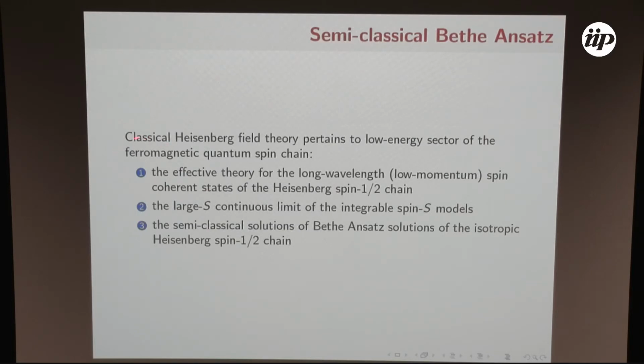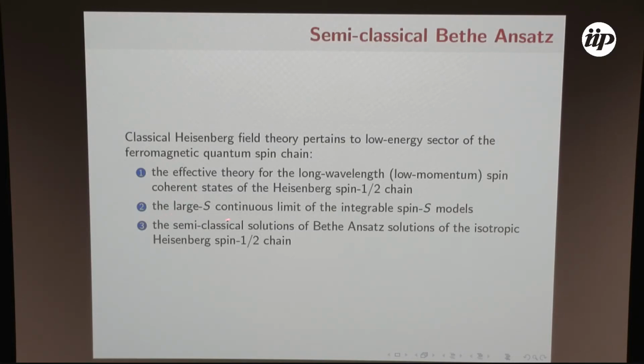In fact, it turns out that this classical Heisenberg field theory is nothing but the low energy regime of the ferromagnetic quantum spin chain. And there are 3 ways you can derive or justify this. One is to simply find the Lagrangian for the effective theory, which describes the long wavelength modes of the Heisenberg spin 1/2 chain by projecting out the long wavelength spin coherent states.